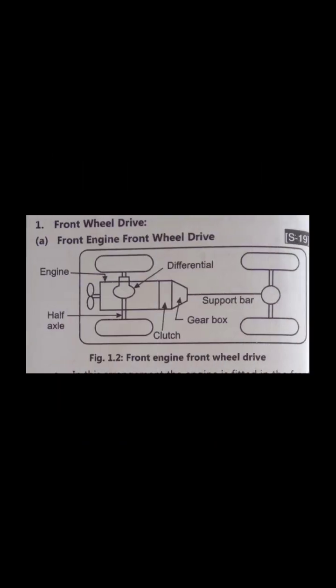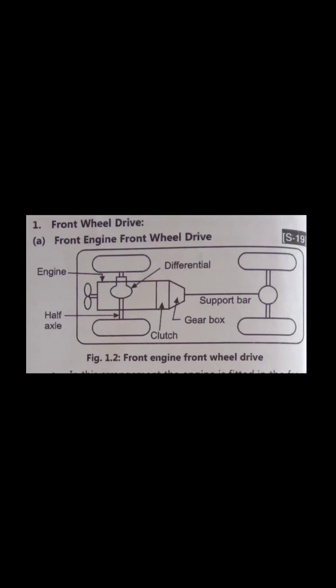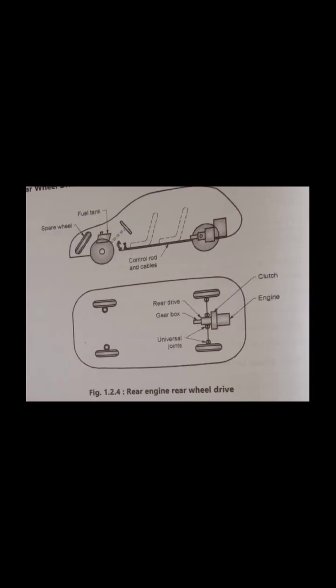Now next is rear engine rear wheel drive. You can see in the schematic diagram that the engine is placed in the rear side and the drive is also given in the rear side.